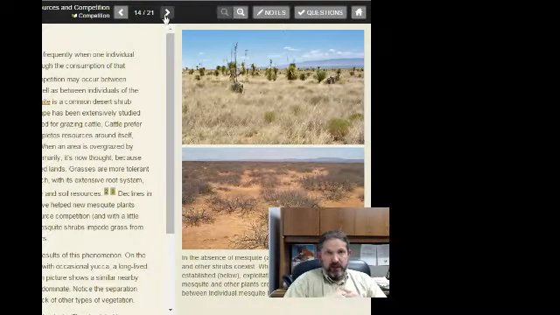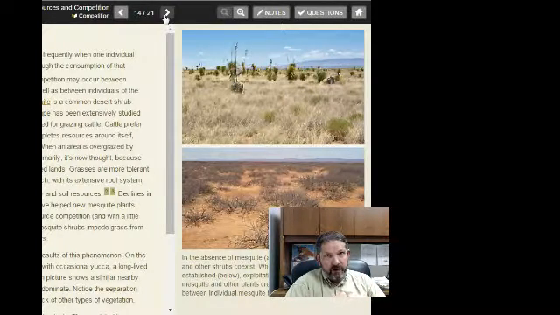That's complete niche overlap, right? I'm a flat-tailed horned lizard, you're a flat-tailed horned lizard, we both do flat-tailed horned lizard things, right? We like the same habitats, we like the same foods, we like the same temperatures. We overlap because we're the same species. So if resources are limited, if that's the limiting factor, then competition can get severe.